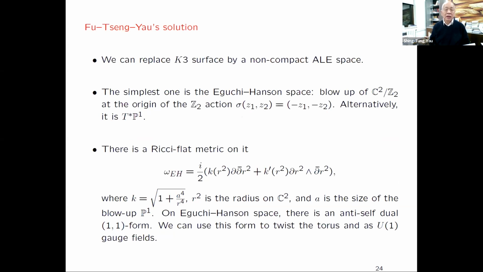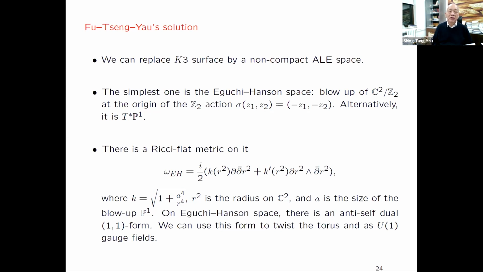But then one can always replace the K3 surface by non-compact manifolds, say ALE spaces, so non-compact Calabi-Yau manifolds. The simplest one is what people call the Eguchi-Hanson manifold, which is obtained by C2 quotiented by an involution, and we blow it up. It turns out to be the cotangent bundle of P1. Over this two-dimensional manifold, we can do the same thing as what I did with Fu.